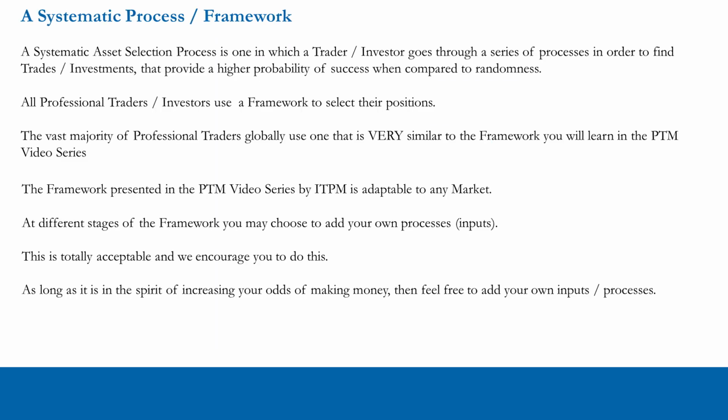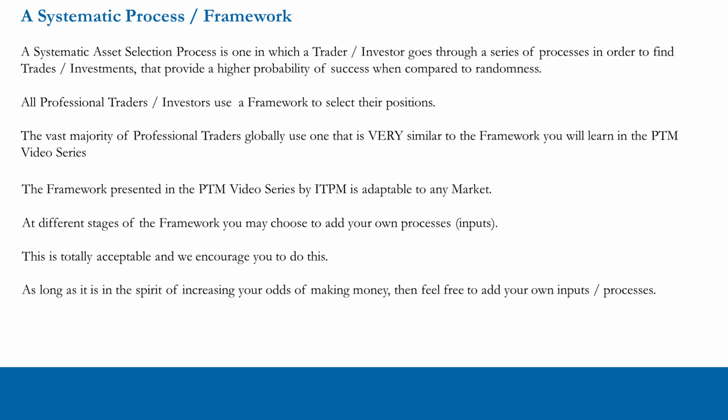So guys, let's summarize a systematic process or framework in general terms. And I say in general terms because it's not just guys in the 20 to 60 day time horizon on the professional side of trading that utilize systematic processes and frameworks. They're utilized by shorter term traders. They're utilized by investors as well.